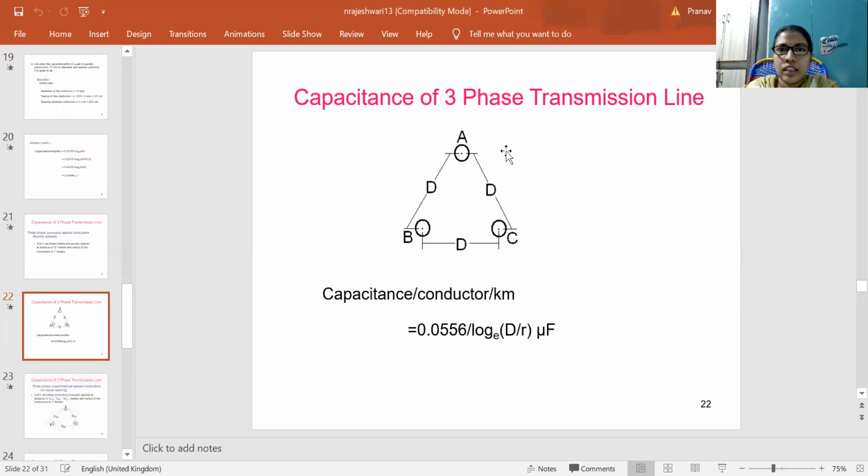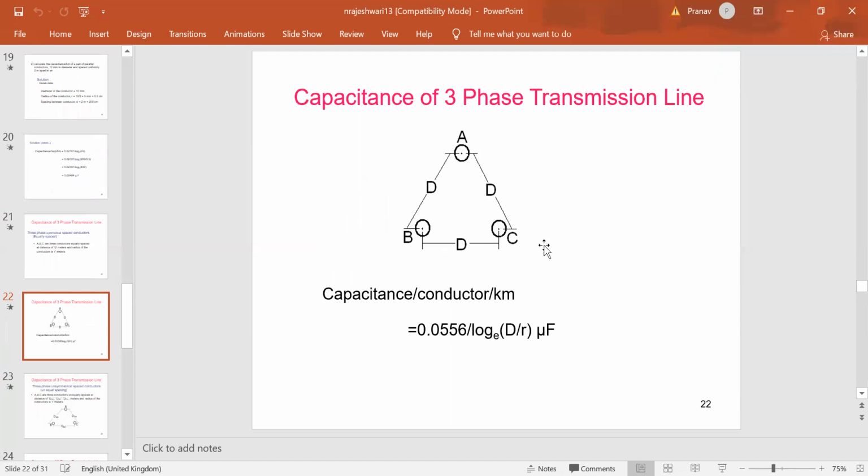With equally spaced conductors, the capacitance per conductor per kilometer will be given by 0.0556 by log of capital D by small r microfarads.